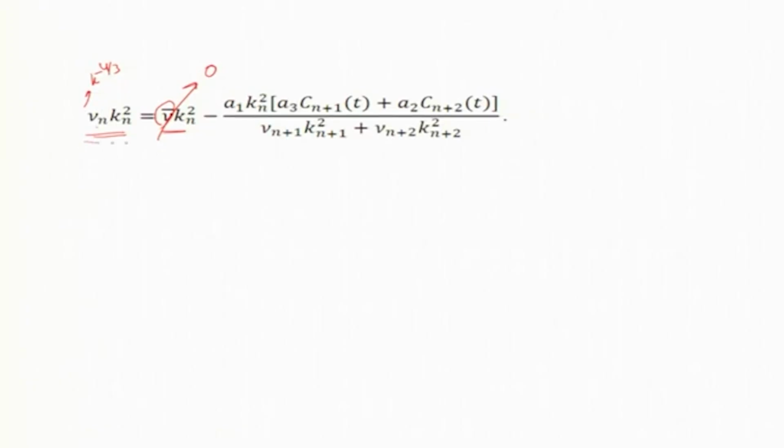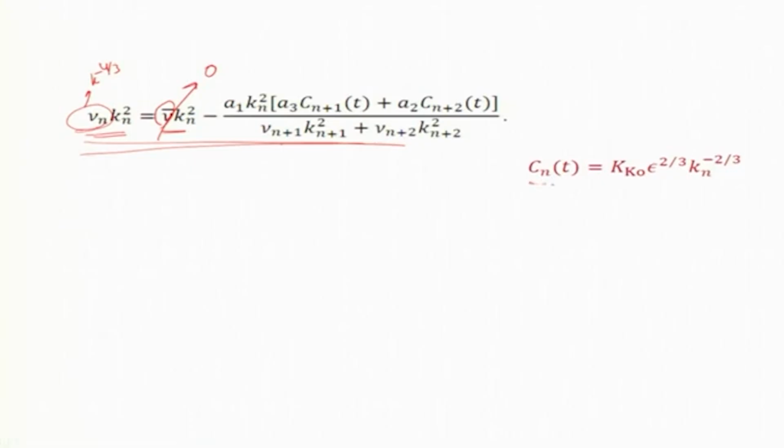So, now I need to compute this. Basically I know what is nu n, but nu n is a function of nu n plus 1 and nu n plus 2 and correlation functions. So, this is where a new idea comes, called self consistent closure. Assume that nu n plus 1 follows Kolmogorov theory.